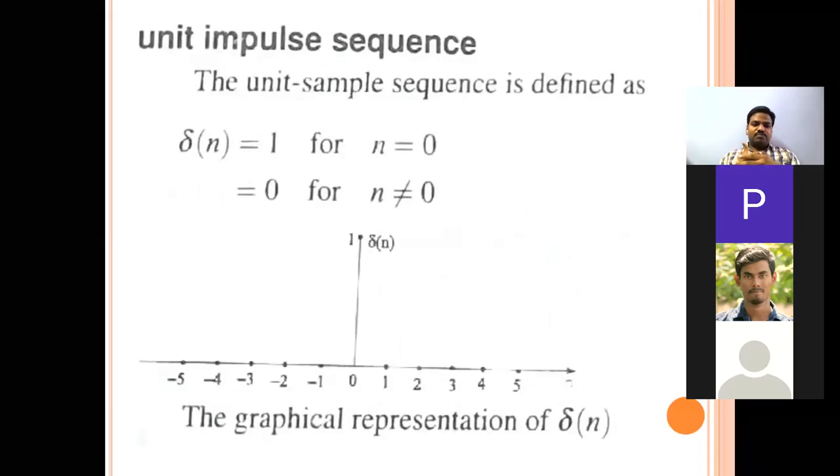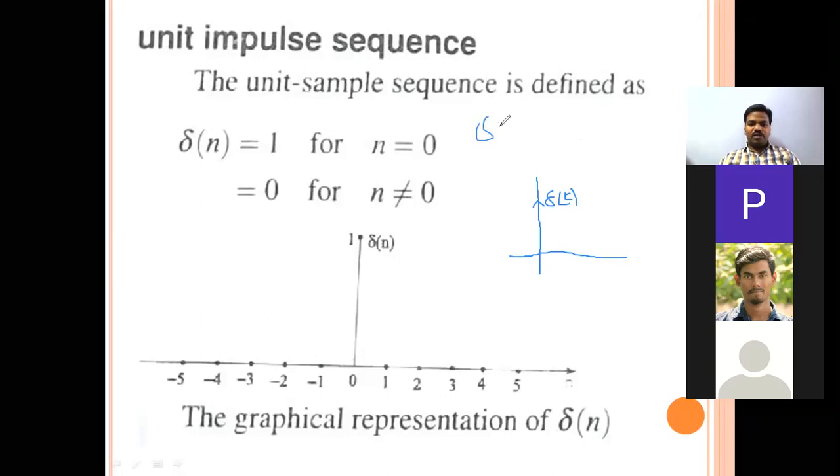unit impulse signal. Now here I need to explain the very important difference between delta of n and delta of t. Now please see here. In the case of unit impulse signal in the continuous time, it is also marked as delta of t.